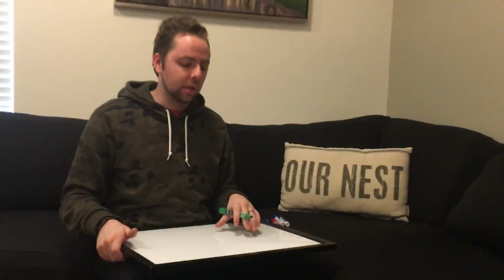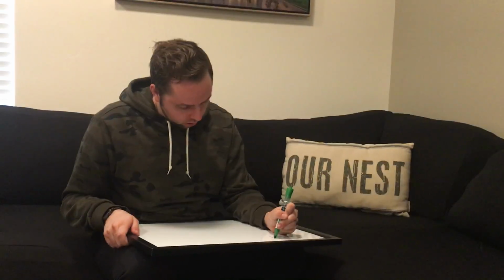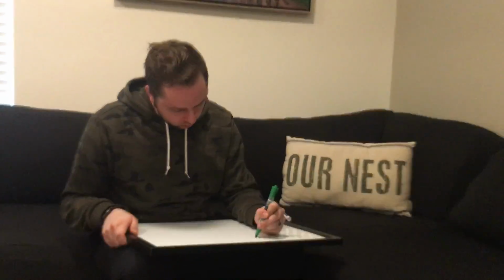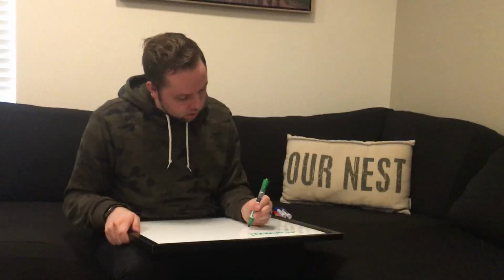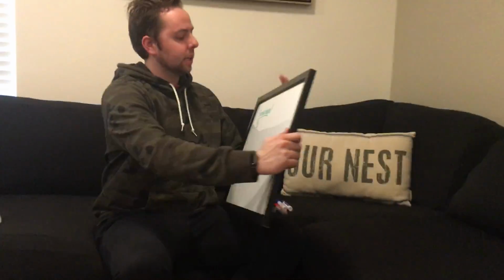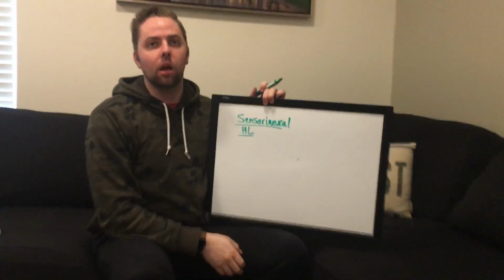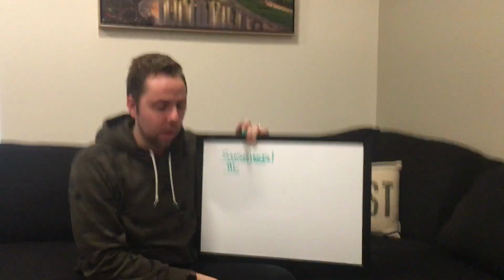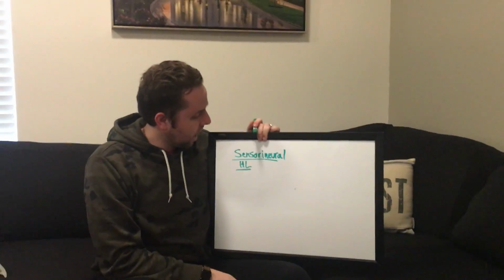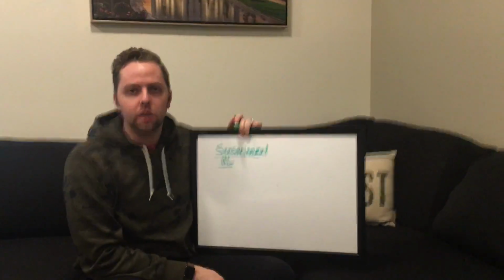One of the types of hearing loss that has to do with the inner ear has a certain name. It is called sensory neural hearing loss. That's what the HL stands for. So sensory neural hearing loss has to do with the inner ear.